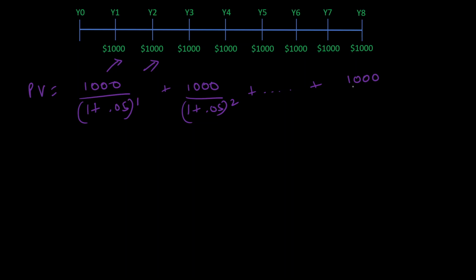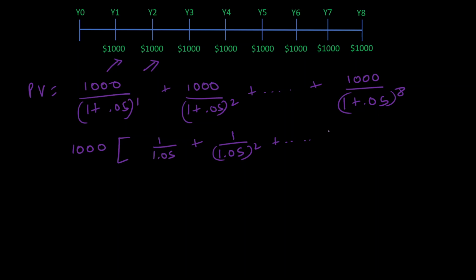So we have 1000 divided by 1 plus 0.05 raised to the power 8. Now you can notice that 1000 is common in all of these terms, so we can just take that out, and within brackets we have 1.05 plus 1.05 raised to the power 2, and this will go on till raised to the power 8.